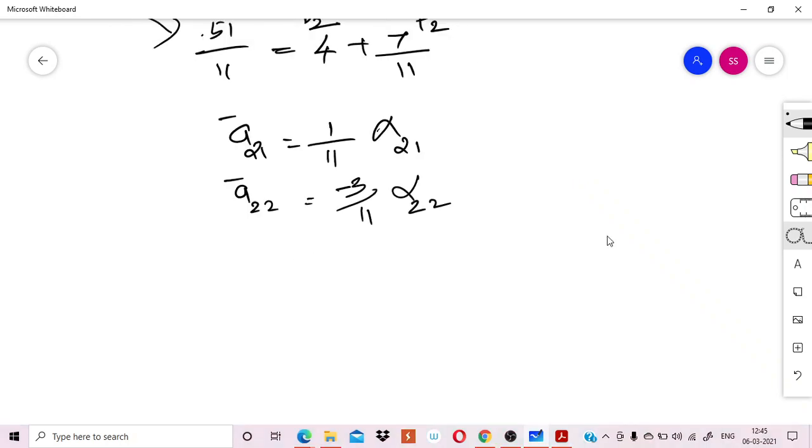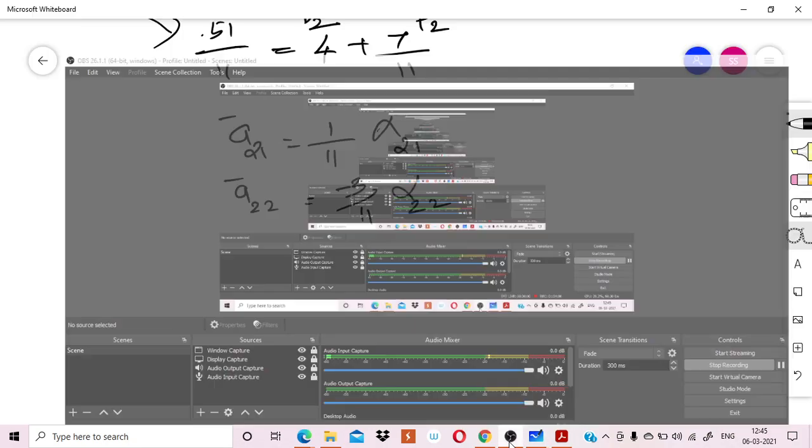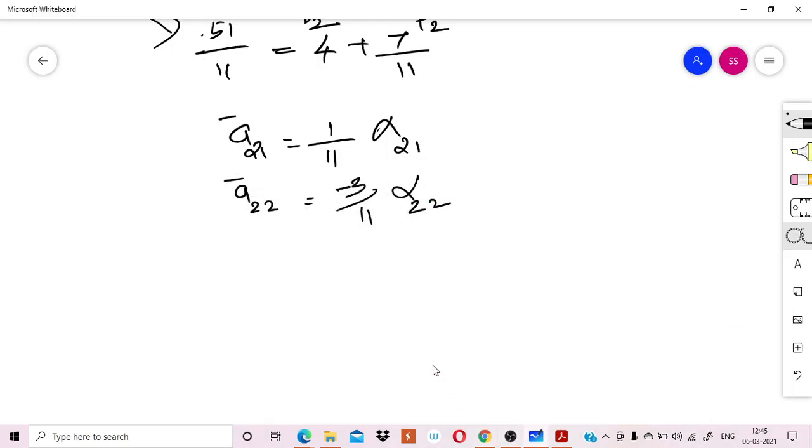Okay, yes, so you will get the second Gomory's constraint like this: S2. That means we are introducing the new slack variable for the second Gomory's constraint, S2 minus 1 by 11 y2 plus 3 by 11 s1 equal to minus 7 by 11.